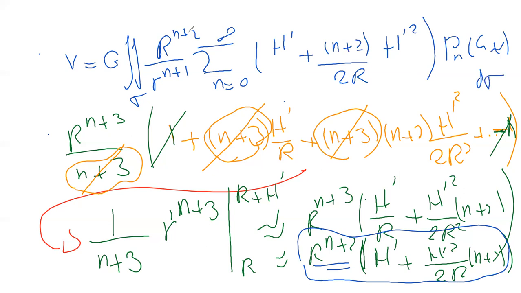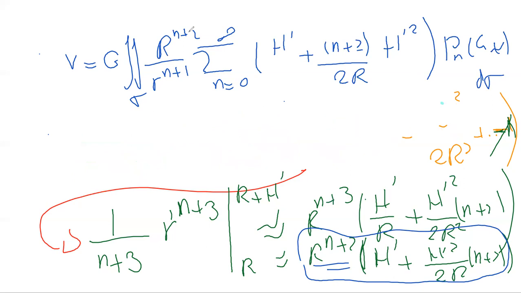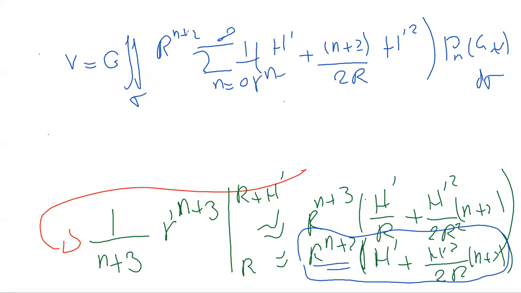Then we got the potential. So this integral can go inside the summation. Oh, I wrote this wrong because this n cannot be outside the integral. Actually, this should have been here, behind the parentheses.